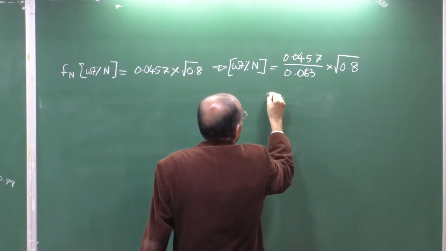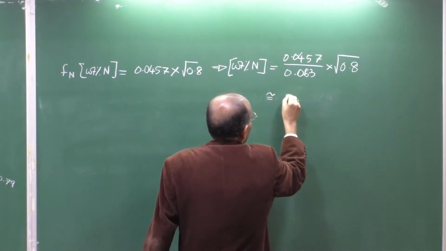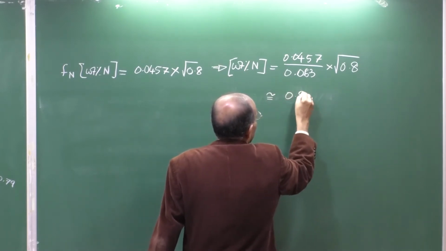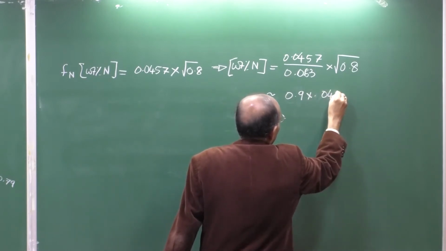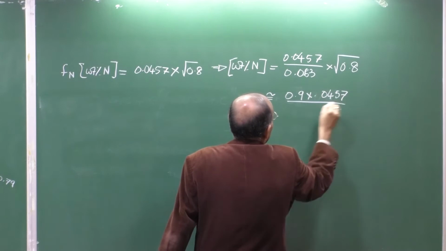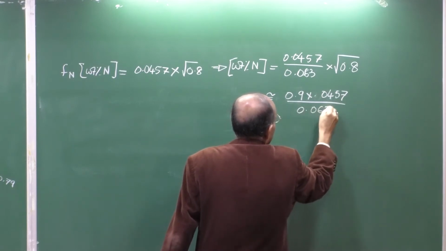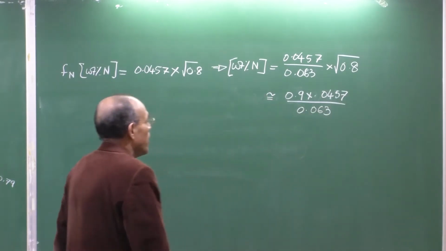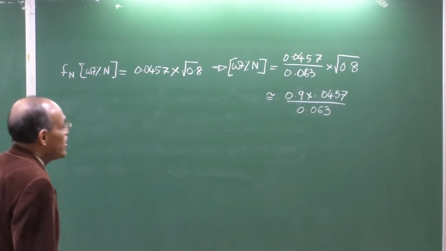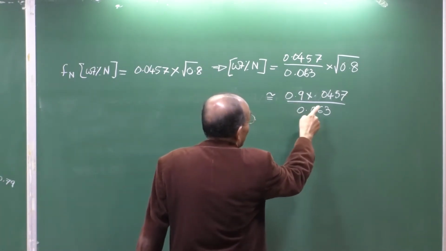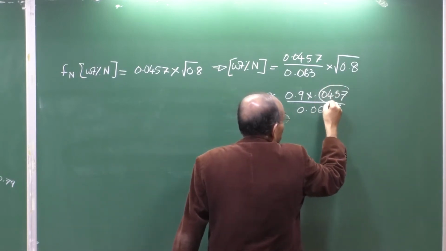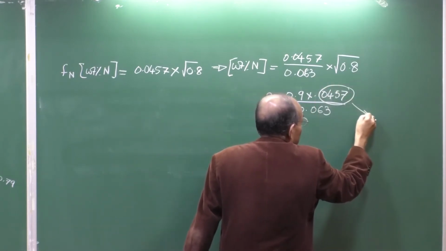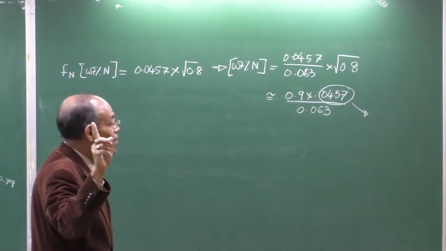This is roughly approximately equal to 0.9 into 0.0457 divided by 0.063. And this value, as you can see here, is going to come out substantially larger than this. This is the value we have gotten at 457 ppm of nitrogen.